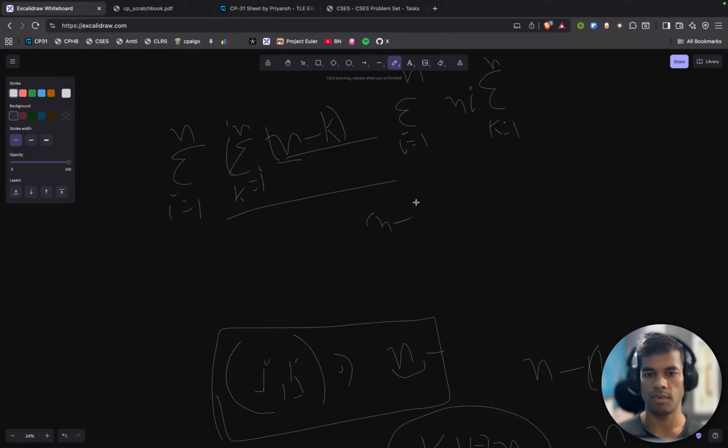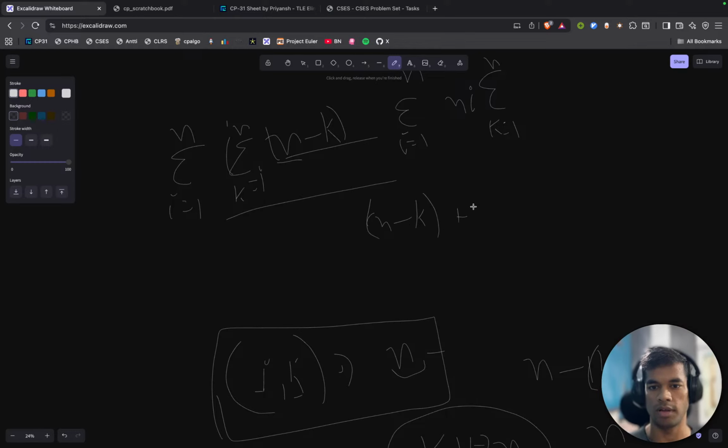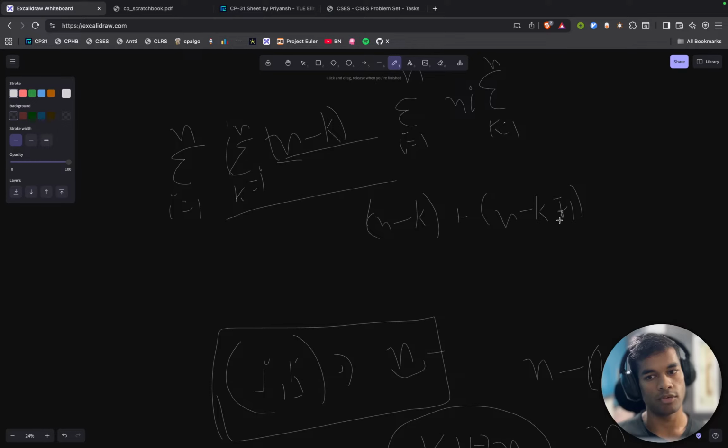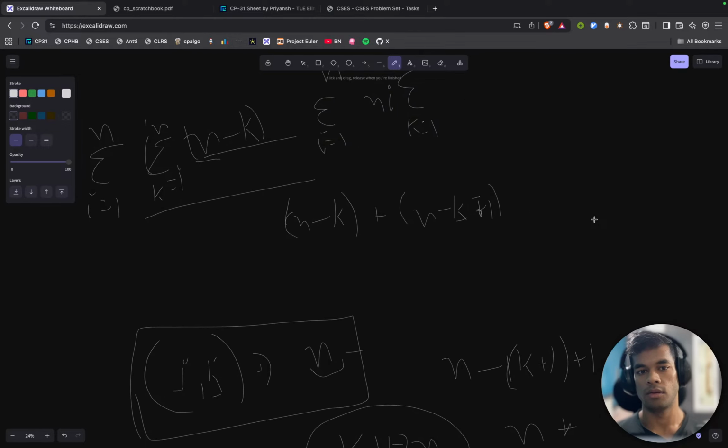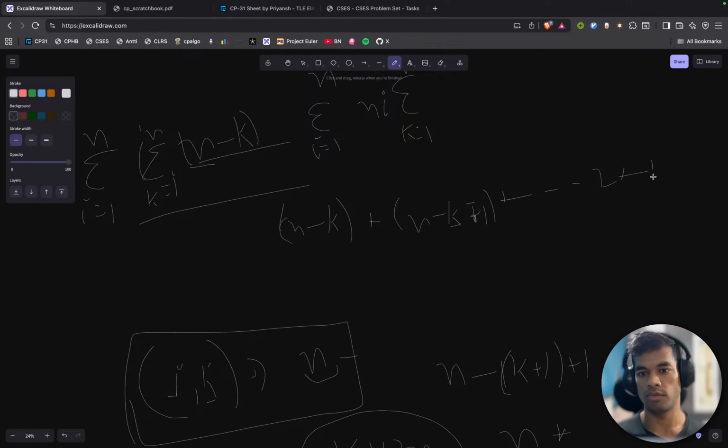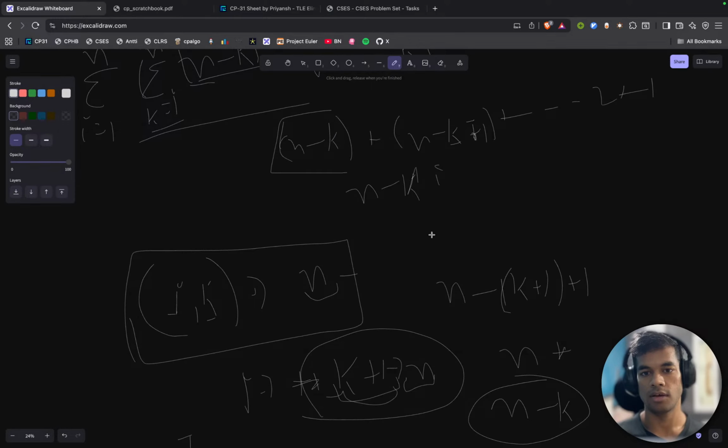If I have n minus k plus n minus k minus 1, because k is increasing, at the end this will become plus 2 plus 1, and we start with n minus I. In this case, k starts at I. So the summation till n minus I is n minus I into n minus I plus 1 by 2.